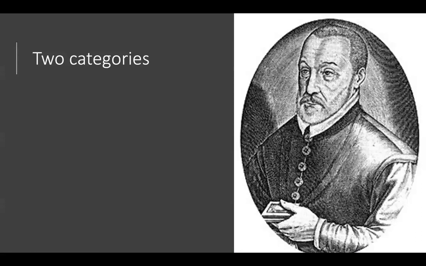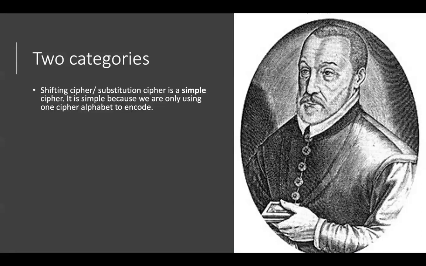I'm going to introduce another category of cipher. All the stuff that we have learned about, I think, all belongs to one single category. The cipher that we just talked about, which is the shifting cipher, substitution cipher, Caesar cipher, is a simple cipher. It is simple because we are only using one cipher alphabet to encode.